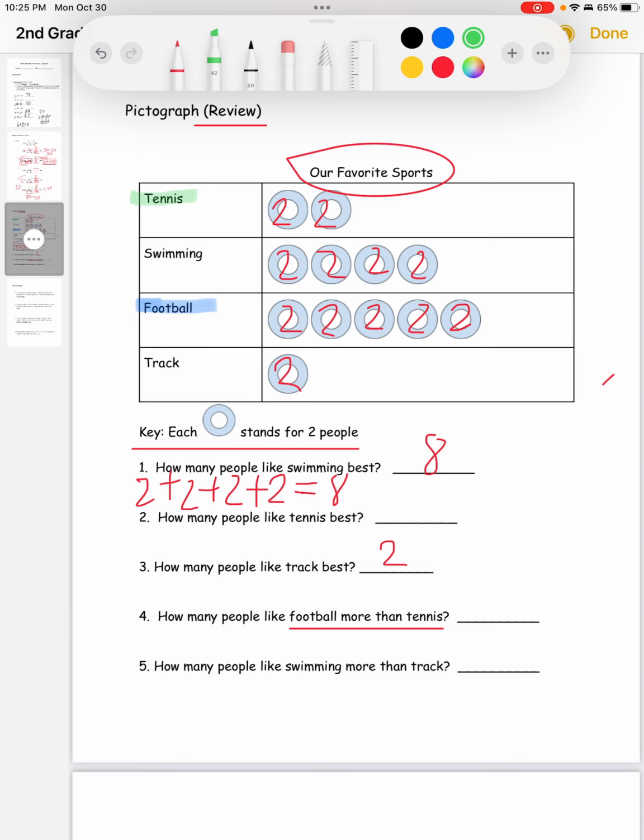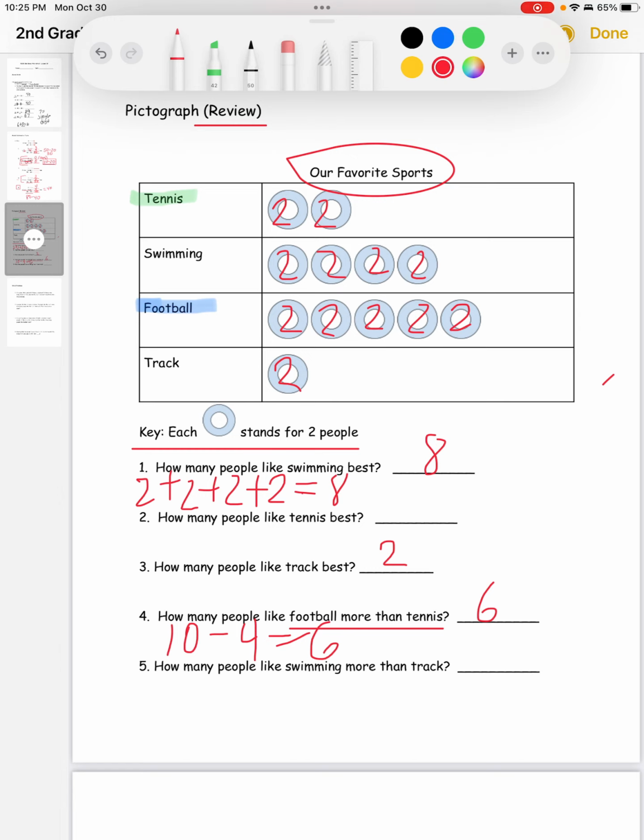So we know that 2, 4, 6, 8, 10 people like football. So we would do 10, and since we're comparing, we would subtract. And in tennis, we know that 2, 4 people like tennis, so 10 minus 4 equals 6. So 6 people like football more than tennis.